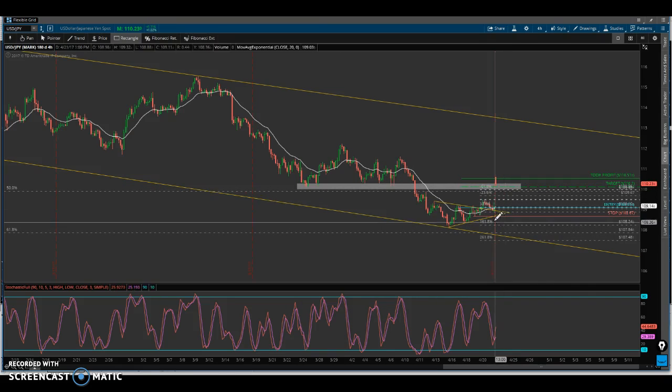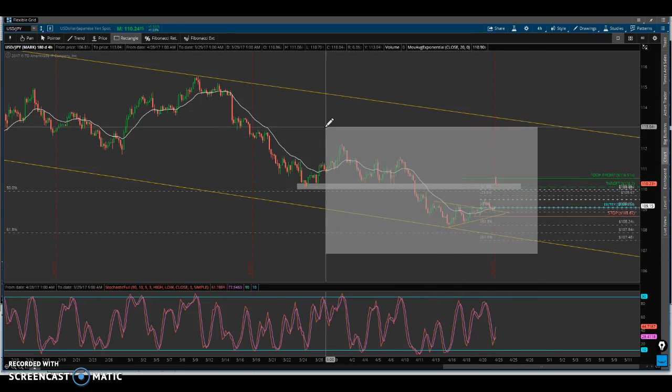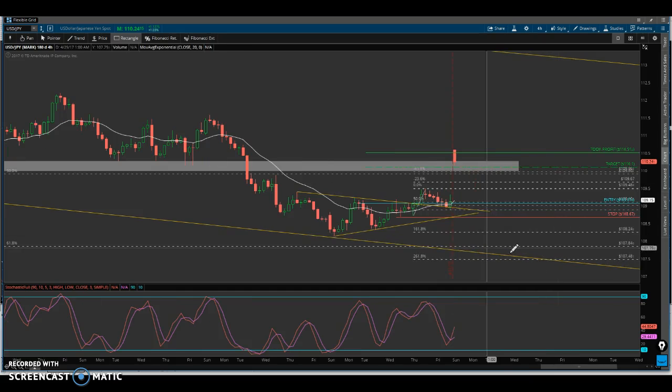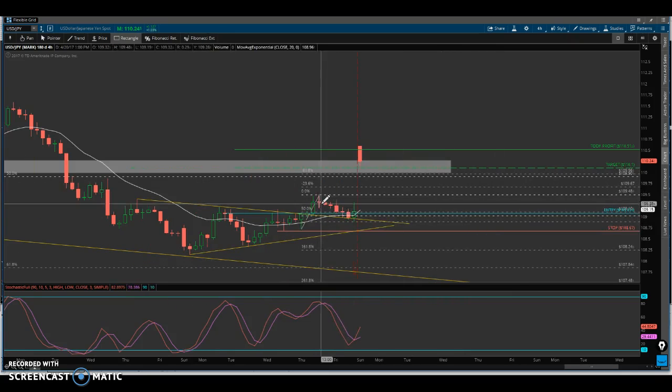So if they regain control, that to me is a logical target to look at. That had a little bit of confluence in and of itself there, fib wise, using extensions as targets.